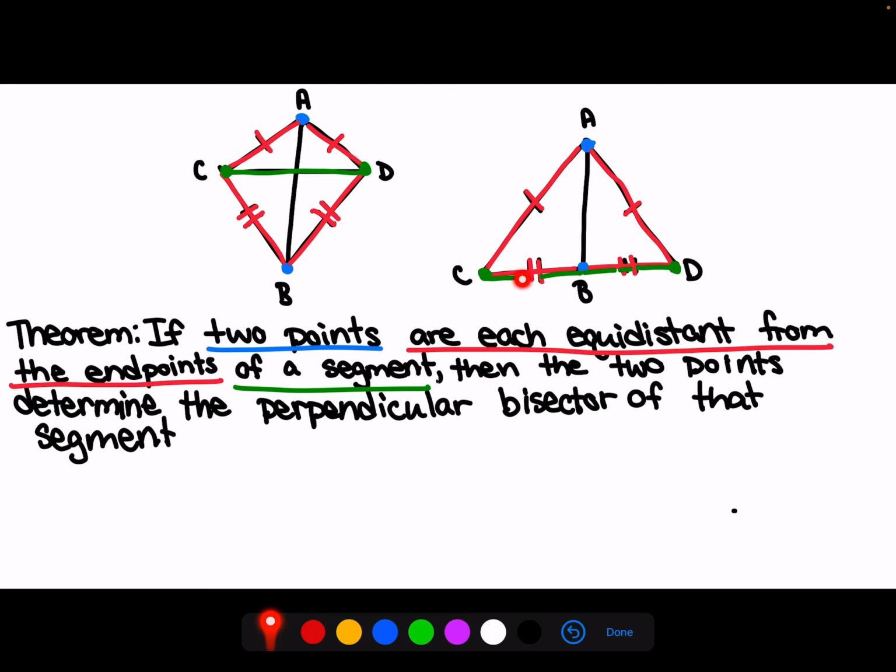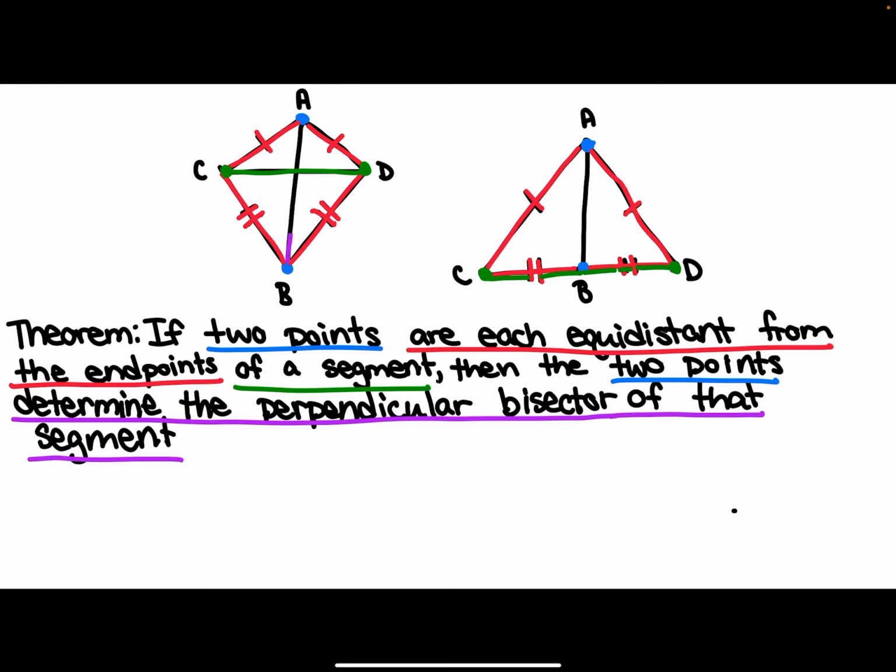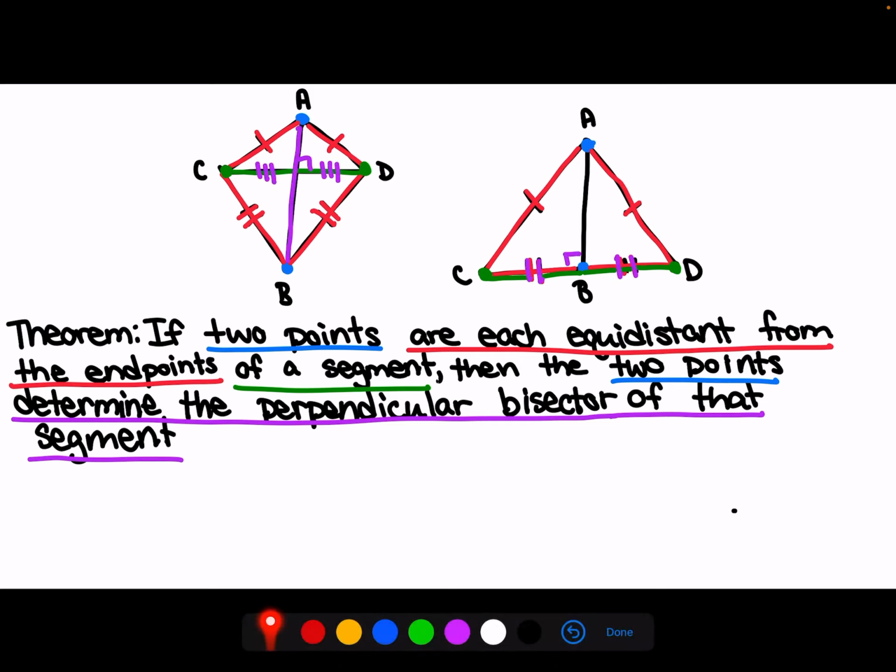Then the 2 points, A and B, determine the perpendicular bisector of the segments, meaning points A and B is the perpendicular bisector of segment CD. So that's our first theorem. And again, it deals with equidistance, so look for those equal distances. And if you see equidistant like this, that automatically means that that segment is going to be the perpendicular bisector.